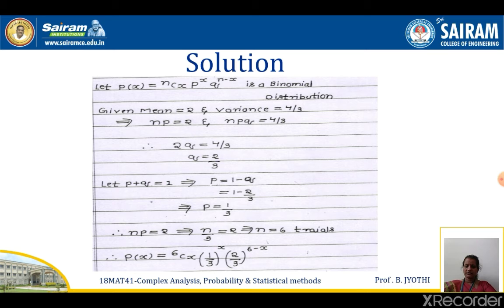That is the number of trials. Therefore, we get P(x) as 6Cx (1/3)^x (2/3)^(6-x).